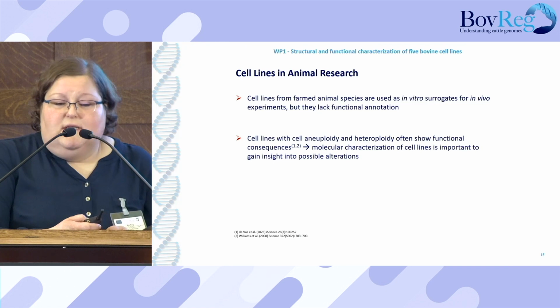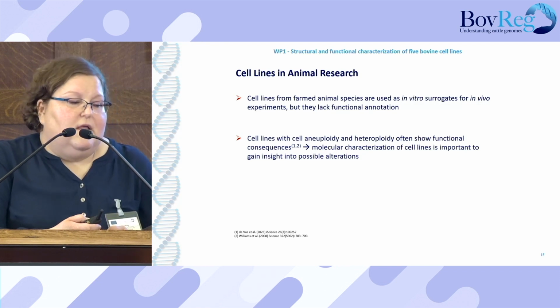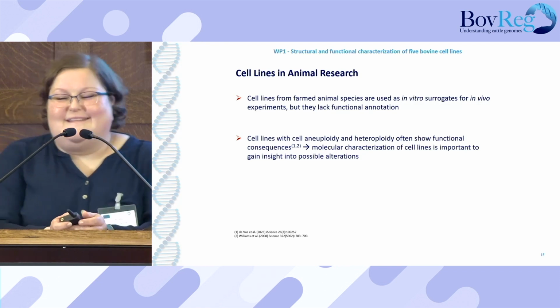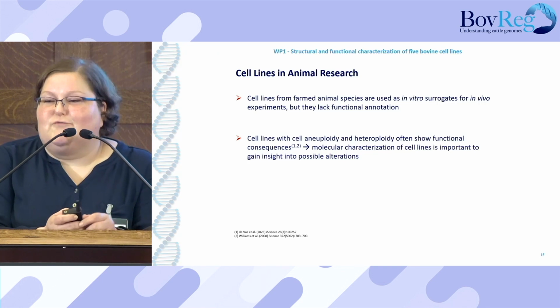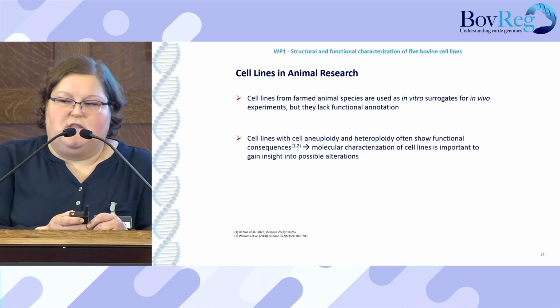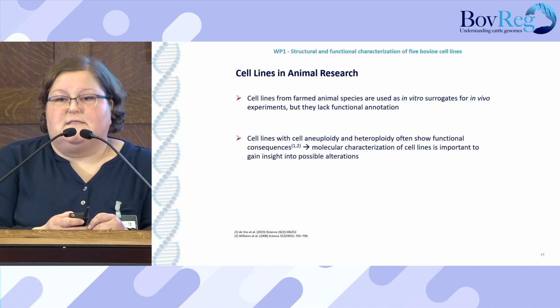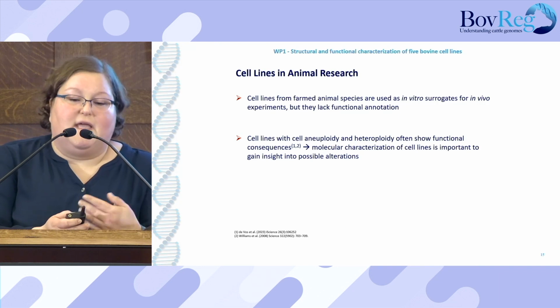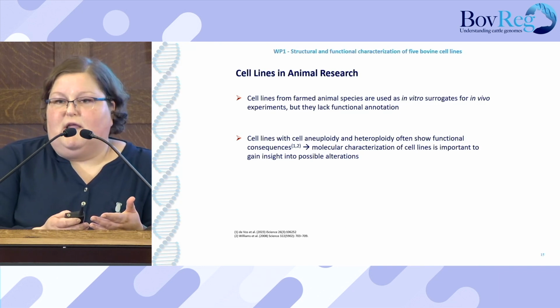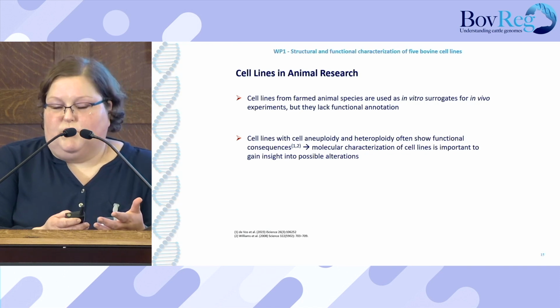So when we look at the functional annotation, it was shown in recent years that the functional annotation is influenced by the ploidy of the cells, and it was also shown that cell lines that became immortalized showed a high amount of aneuploidy and also heteroploidy.